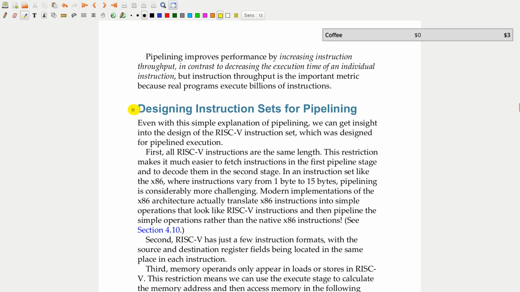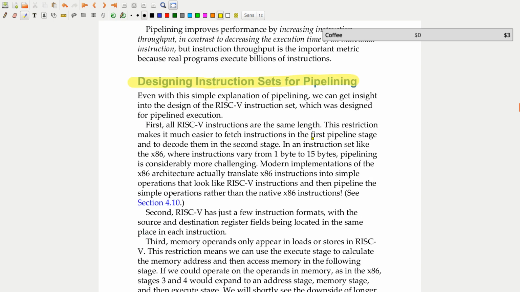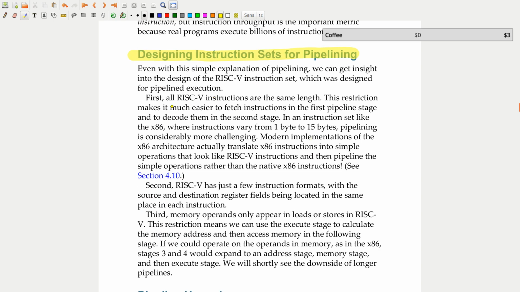So how do we design instruction sets for pipelining? We see that now we're having to split instructions. So what considerations do we need to make for our instruction sets? Okay. So first, all RISC-V instructions are the same length.